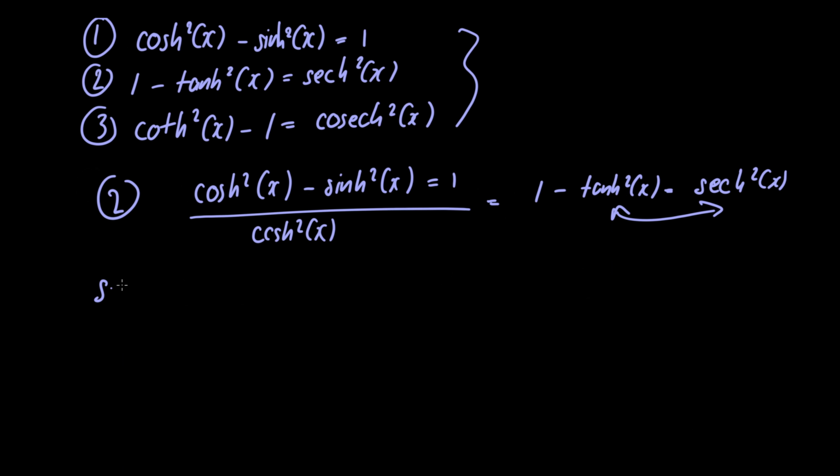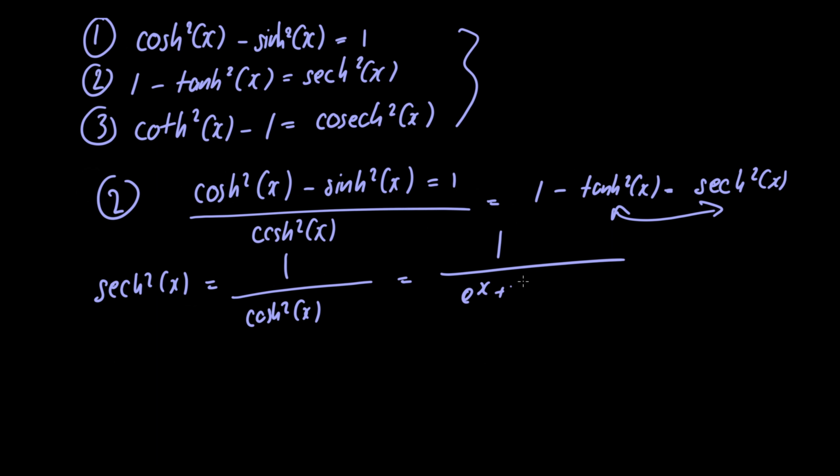So we have hyperbolic secant squared of x, and that's just equal to 1 over hyperbolic cosine squared of x, which is just equal to 1 over e raised to x plus e raised to minus x divided by 2, squared. Now let's go ahead and just multiply this out. I'm not going to go through all the details because we've already done it in this part here.